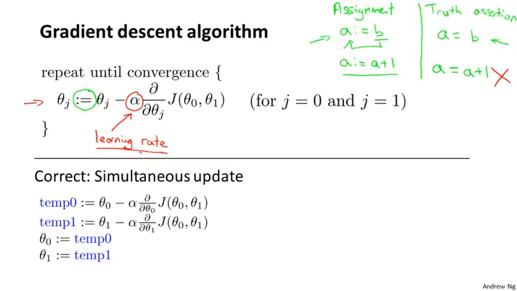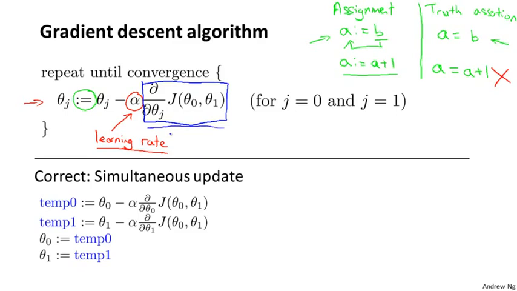I'll come back and say more about this later, about how to set alpha and so on. And finally, this term here, that's a derivative term. I don't want to talk about it right now, but I will derive this derivative term and tell you exactly what this is later. Some of you will be more familiar with calculus than others, but even if you aren't familiar with calculus, don't worry about it. I'll tell you what you need to know about this term here.